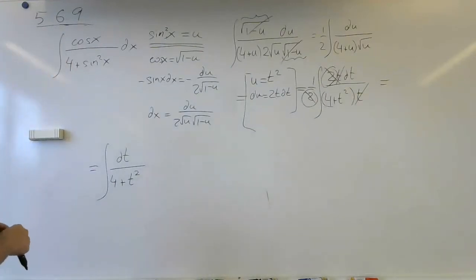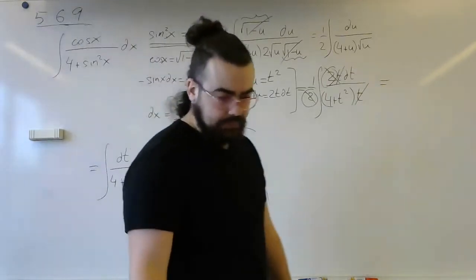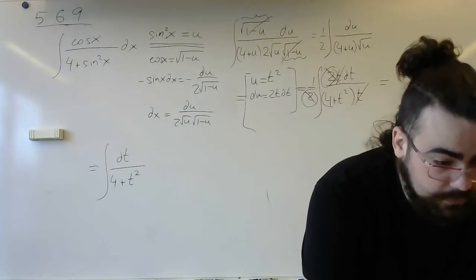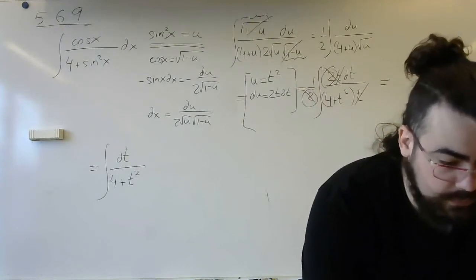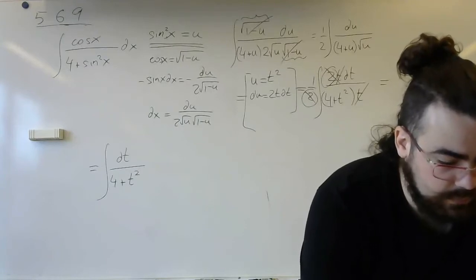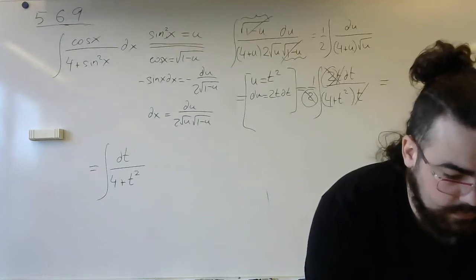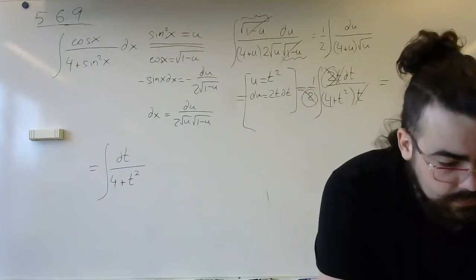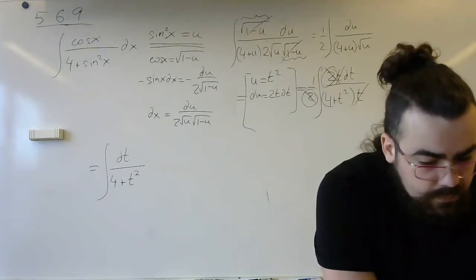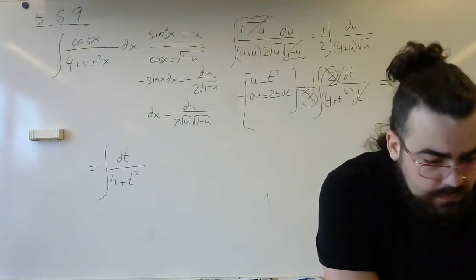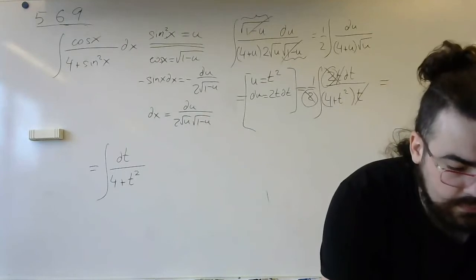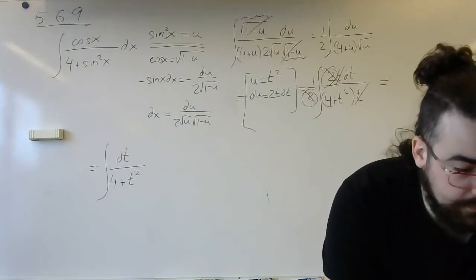Okay, now this looks pretty good. Like there should be something like the arctangent of 2t or something like that, right? Let me check one thing.